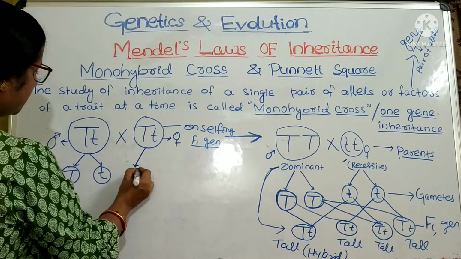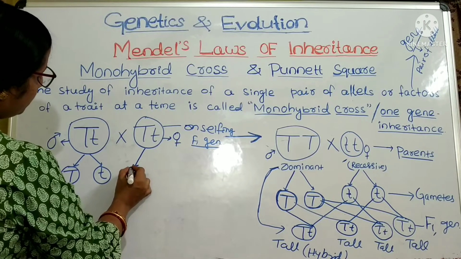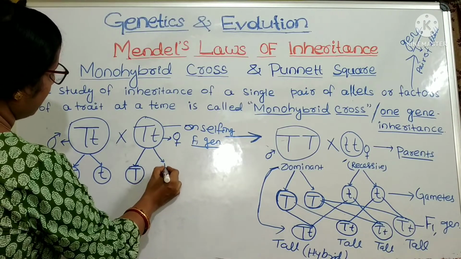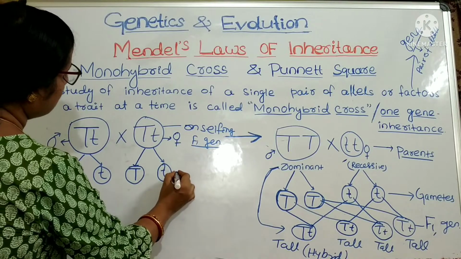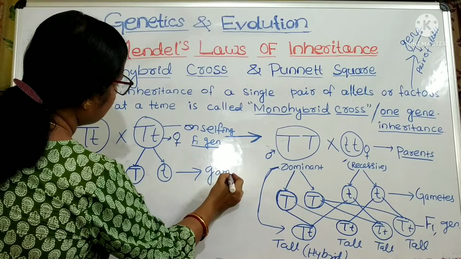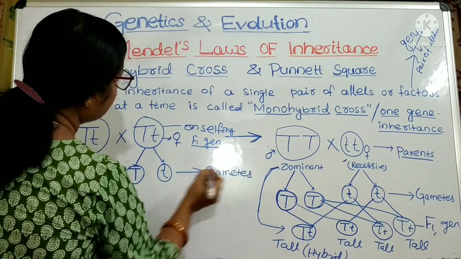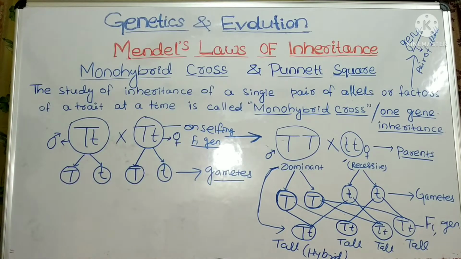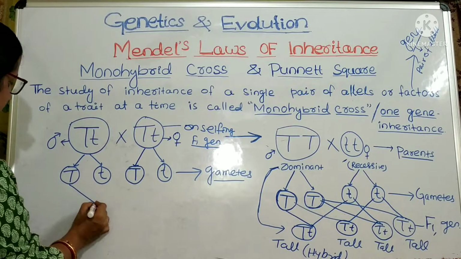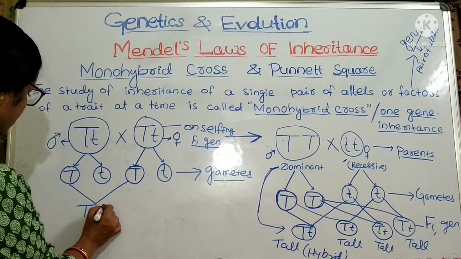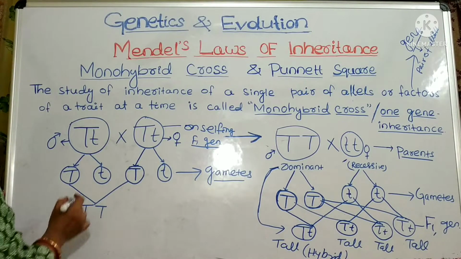Here the female parent also produce different type of gamete, that is one is capital T and another is small t, and these are gametes. These four are gametes. When these gametes are fused together, we can get the F2 generation.